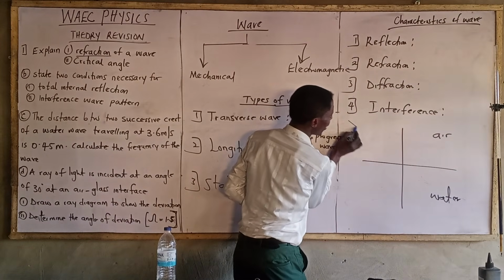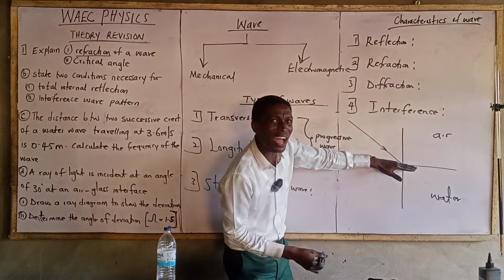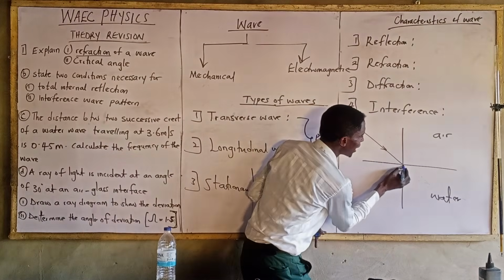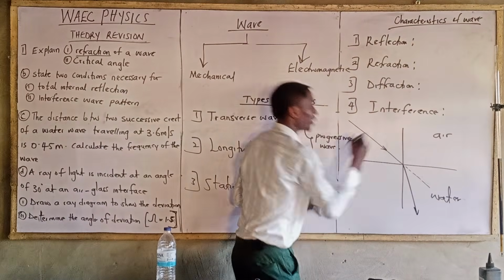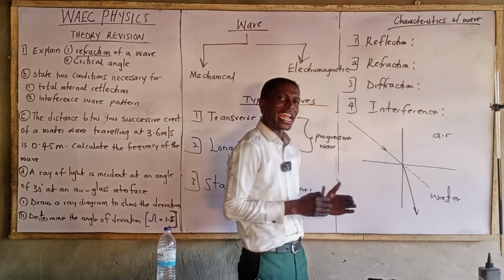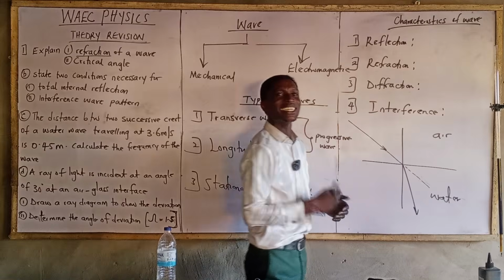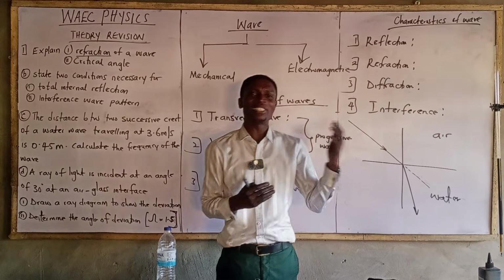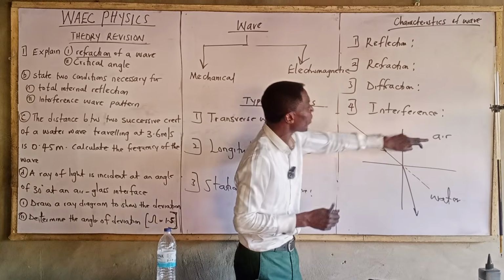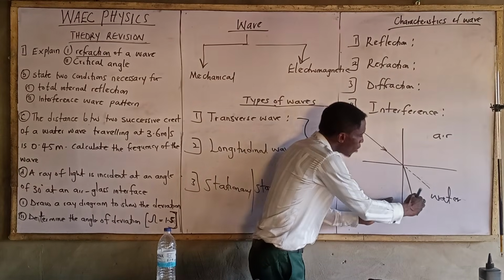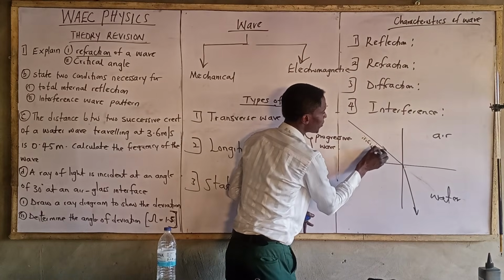When a wave is traveling and it gets to the interface of another medium, you don't expect that wave to travel in a straight line. It will undergo a change in direction. It will either change towards the normal or away from the normal, depending on whether it is moving from dense to less dense or less dense to dense. In this case, it is moving from less dense to dense, so it will move towards the normal. So we call this the incident ray.